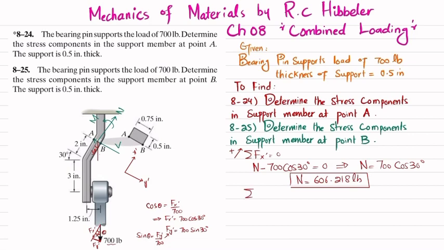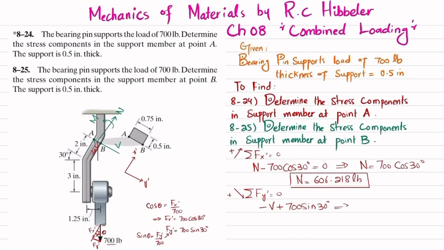Now you will find the sum of all forces along the y' direction must be equal to 0, and force taken in the y' direction is taken as positive. So you can see one force along y' is this V, which is upward, so it will be minus V, and the second one is downward, which is Fy'. Their sum must be equal to 0. So minus V plus Fy'. So Fy' is 700 into sine of 30 degrees.